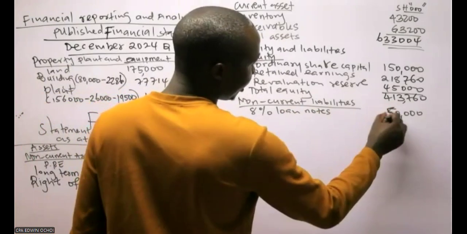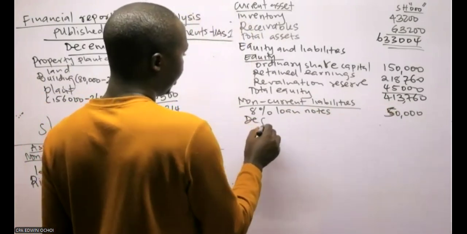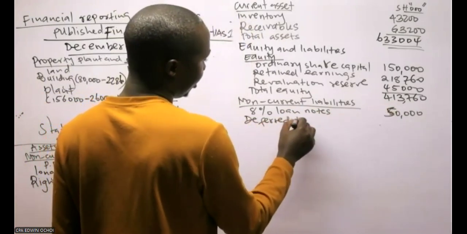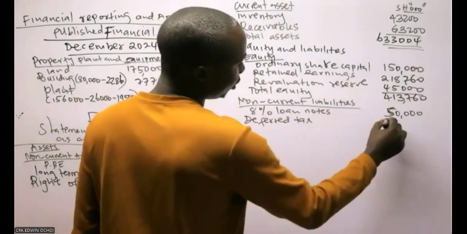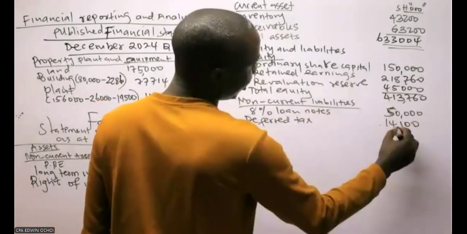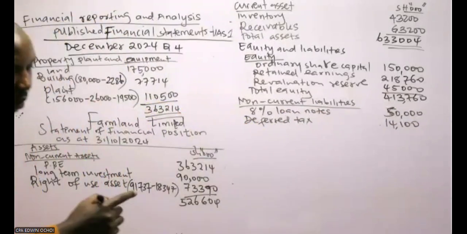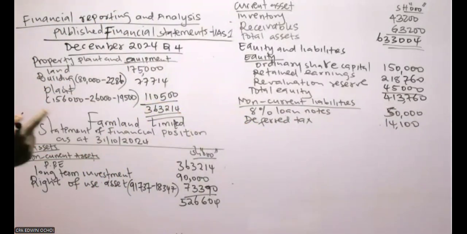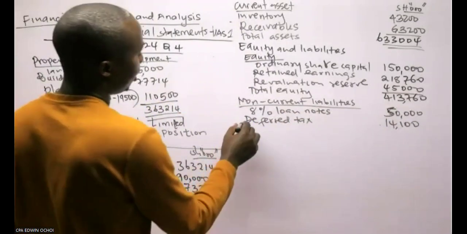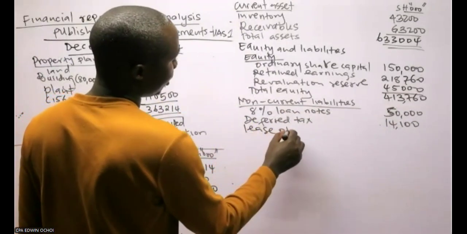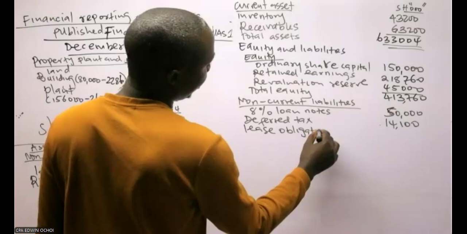Then there was deferred tax, which increased. Remember, deferred tax is a long-term liability. From the additional information, it increased from 12 something to 14,100, so we go with the 14,100. Then the long-term lease obligation, remember I said 54 something.